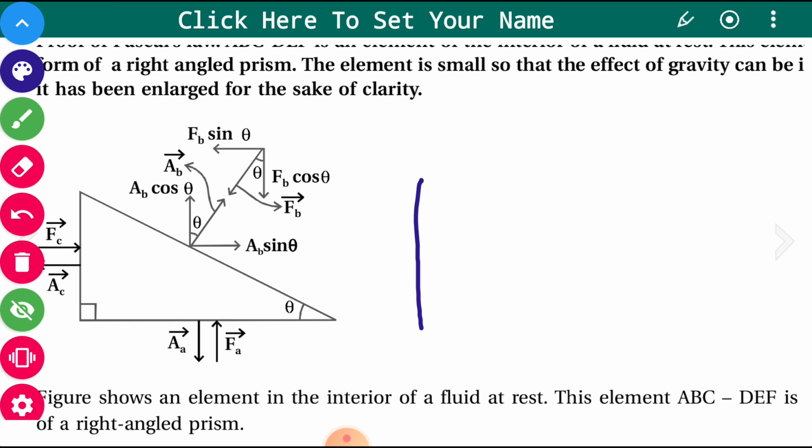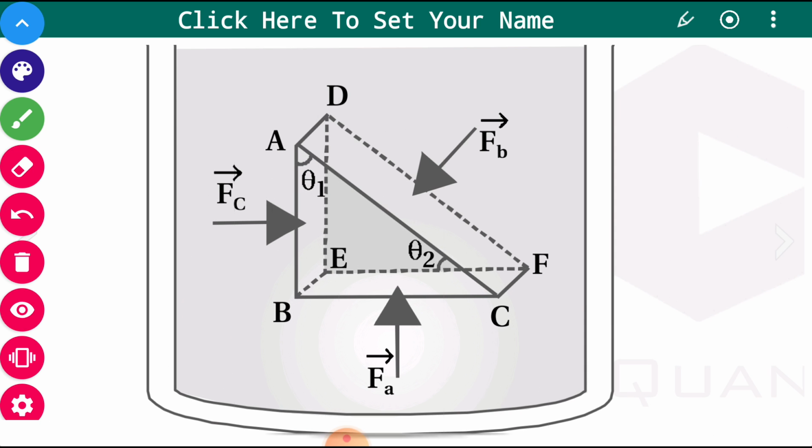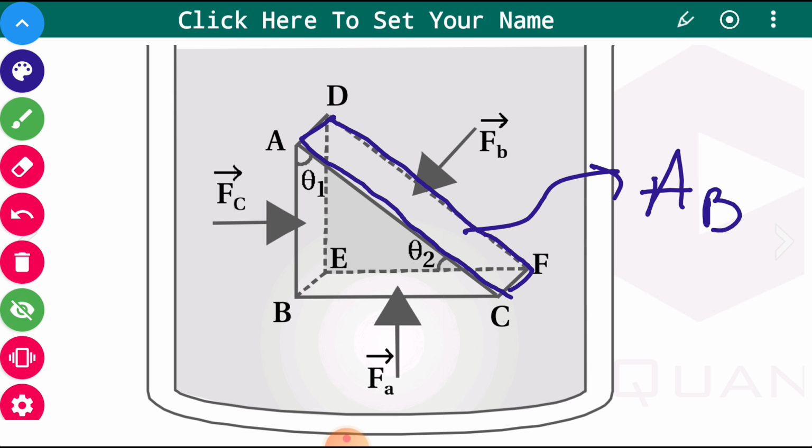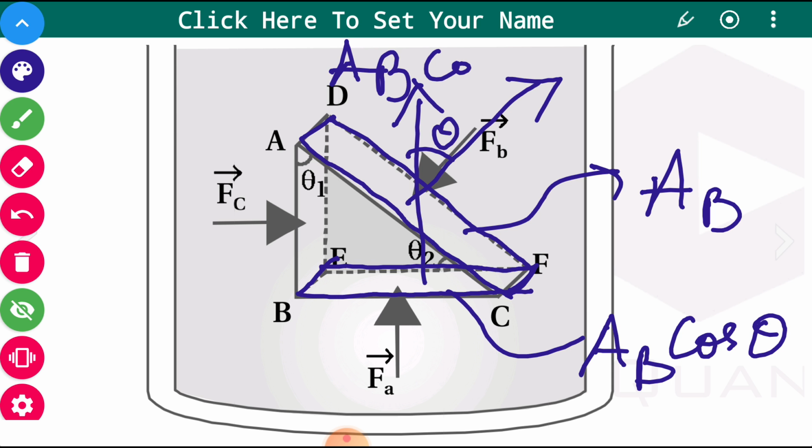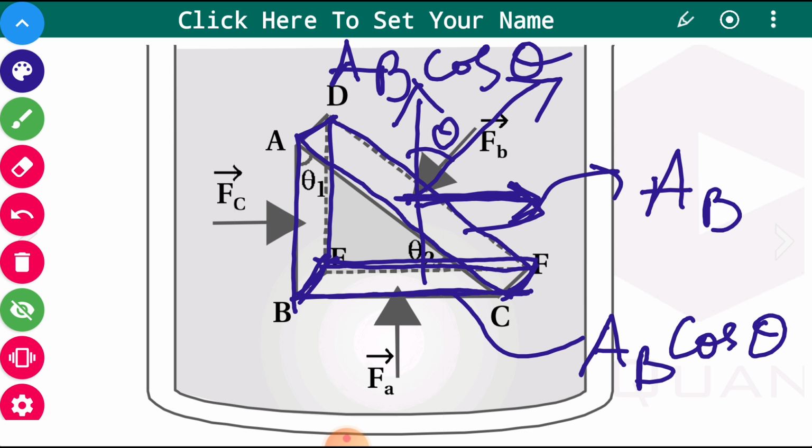So if you consider the area of this B surface as AB, then the area of this particular segment will be AB cos theta, because here this angle will be theta and the area vector is in this direction. And this direction will have the component AB sin theta, so this particular area will be equal to AB sin theta.